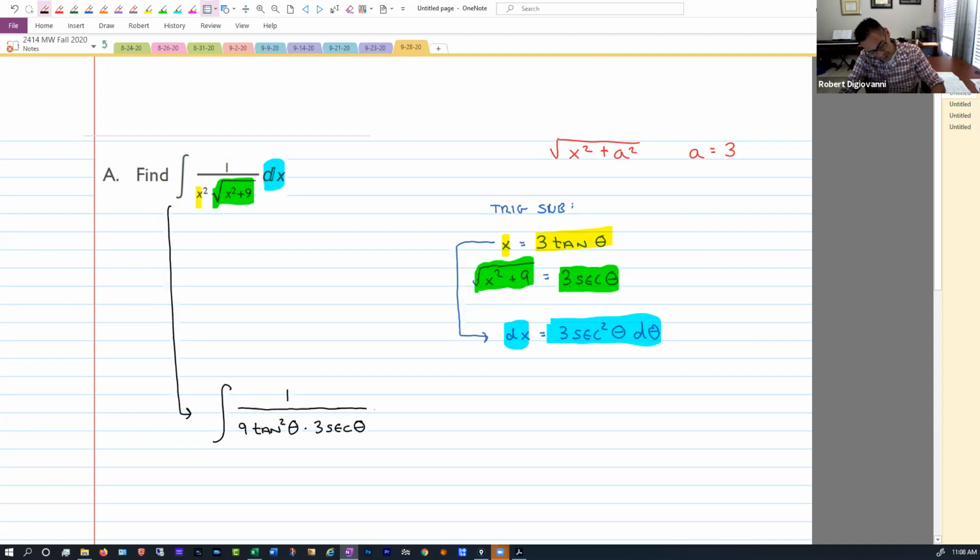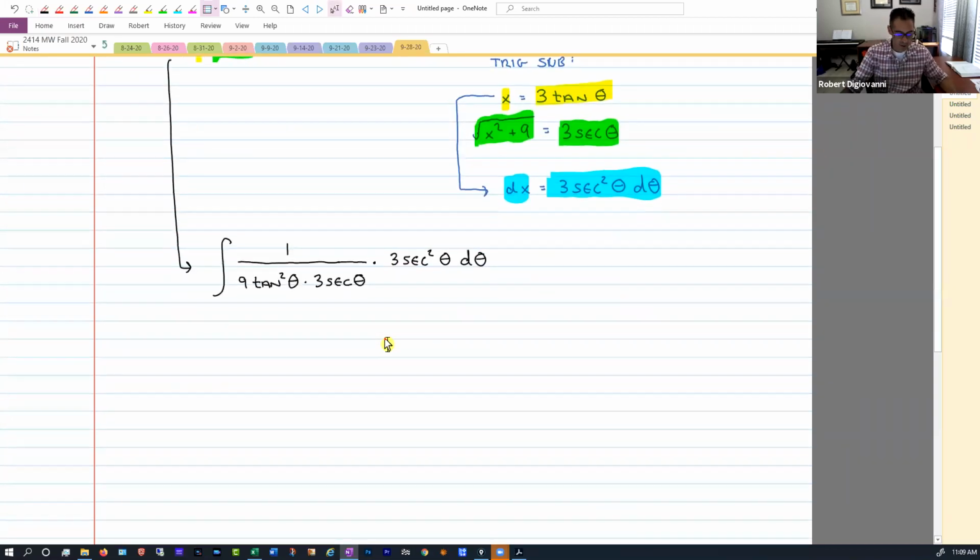And then I still have times dx, which is the blue part, which gets replaced with 3 secant squared theta d theta. Now what I have is a new integral, right? It's all in terms of theta, and it's a trig integral. As long as I can handle this trig integral, I'll be okay.